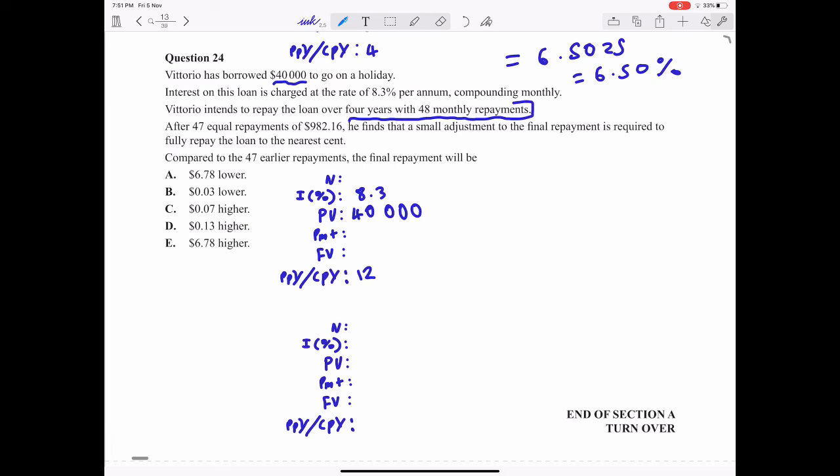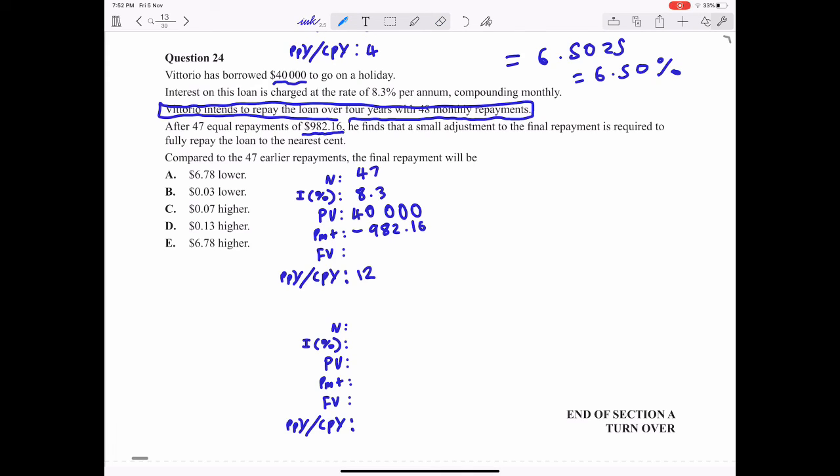So we've got to keep this in mind while calculating future steps. After 47 equal repayments of $982.16, so after 47 repayments, and the repayments are $982.16, therefore negative. This is money he has to pay back to the bank, or back to whoever he borrowed his money from. 982.16.